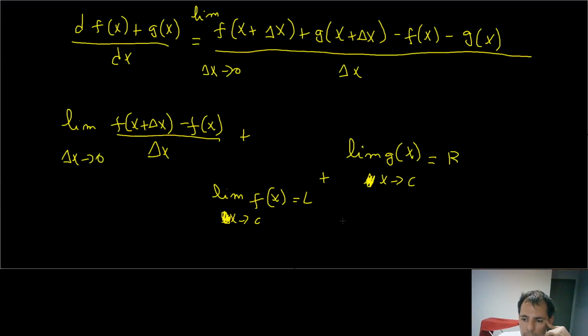So it's the same thing as the limit as x approaches c of f of x plus g of x. This thing here is going to go to L, and this thing here is going to go to r, and there you go. So I'm making all this mess in here.